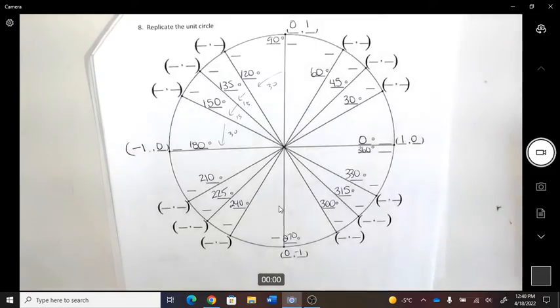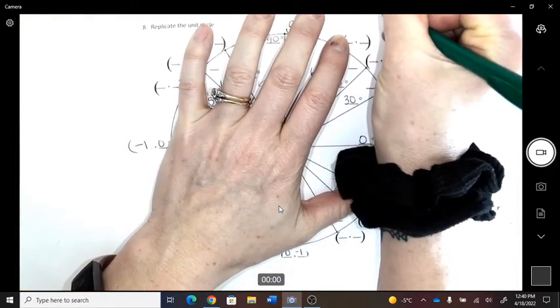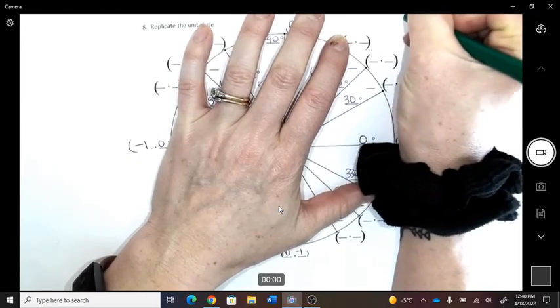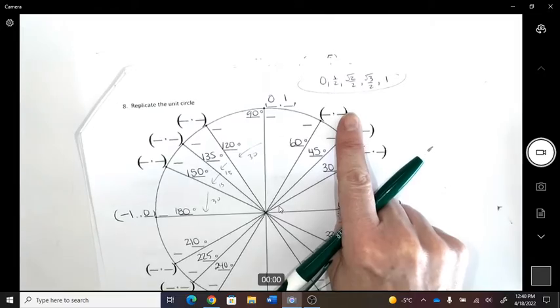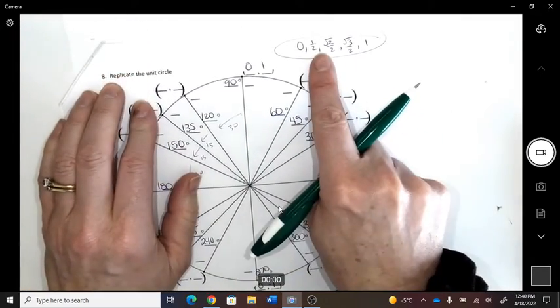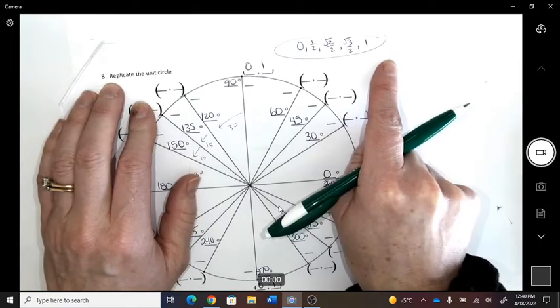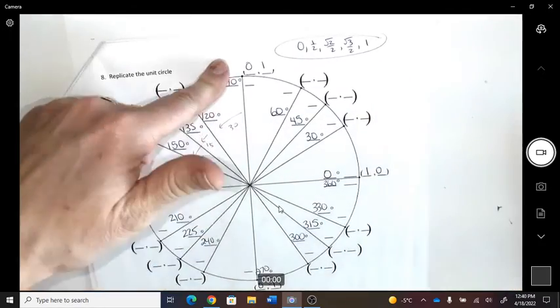Okay, I do give you this on your test paper in the corner somewhere. I give you this. Okay, I will give you those numbers, so you just have to make sure you put them into the right spots.